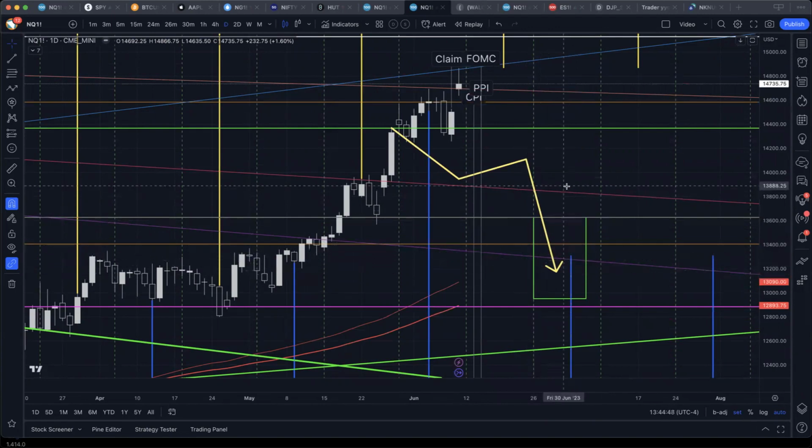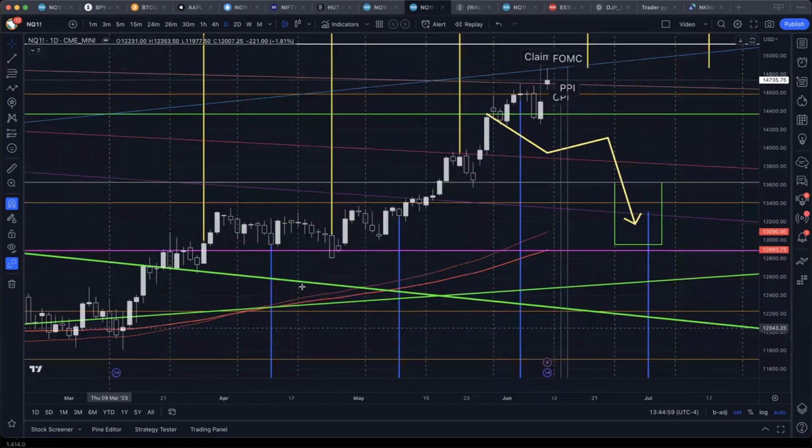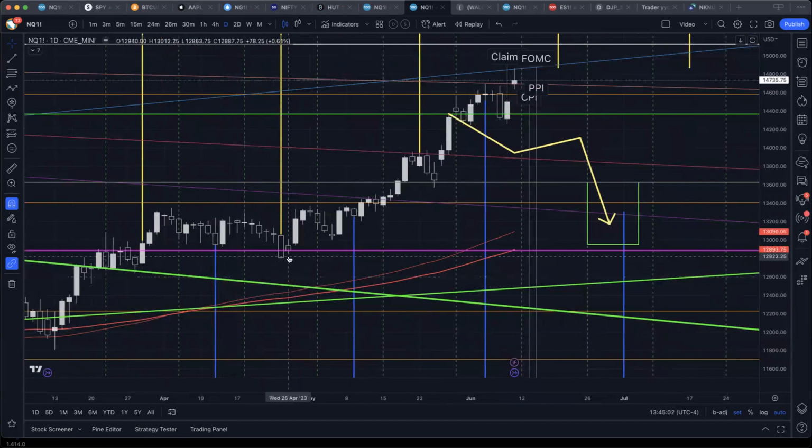And also timing-wise, it's important to note that we've got a GAN wave, that's the blue here. So we can see on the GAN wave cycle, remember the typical GAN wave cycle is blue is a low, yellow is a high.